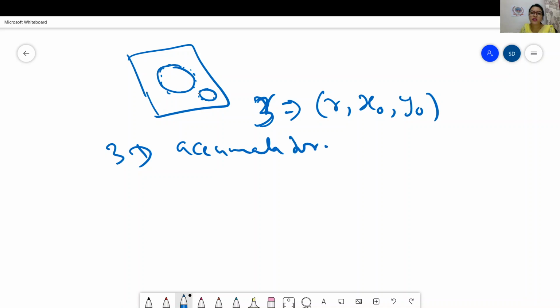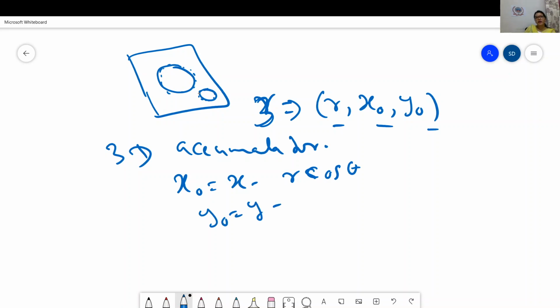Instead of the previous 2D, because three different parameters are present which you need to find out. The value for x0 is given by x minus r cos theta, and y0 is computed by y minus r sin theta, for various values of theta. Theta again ranges from 0 to 2 pi.